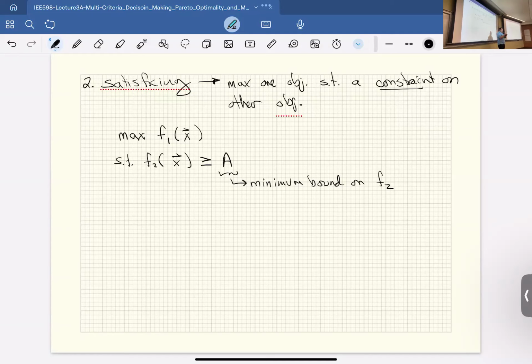But again, we have the problem of how to choose A. This is just as bad as how to choose that weight. For me, I might only want 30 pounds. Somebody else might say, I can take 50 pounds. Somebody else might only want 10 pounds. So for each of those weight budgets, you get very different solutions.